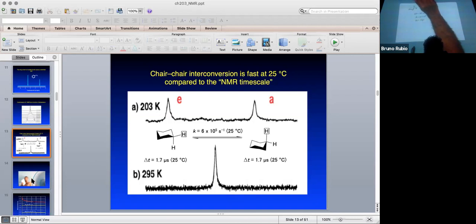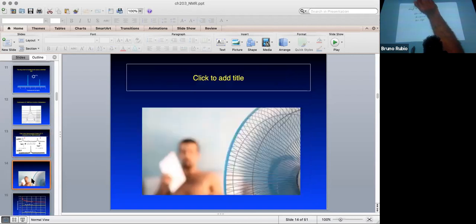And the analogy that is always given here would be like looking at the blades of a fan. Because the fan is spinning around so fast, we don't see the individual blades. A fly could, but not a human being. We just see something that is the average of the position of the blades as they undergo this rotation in the fan.